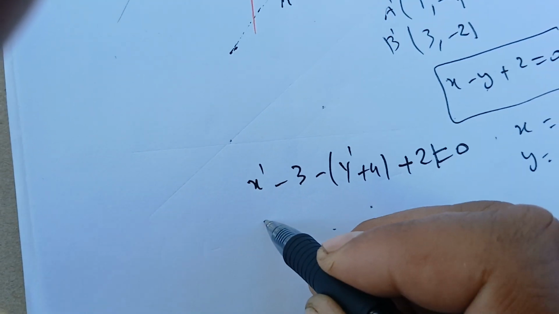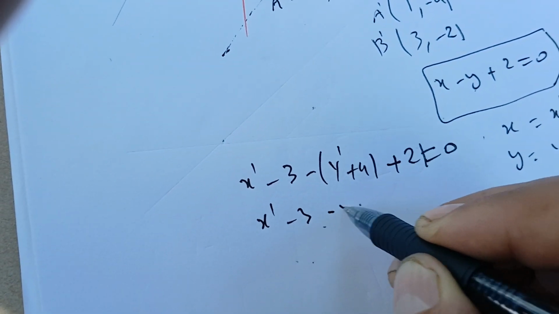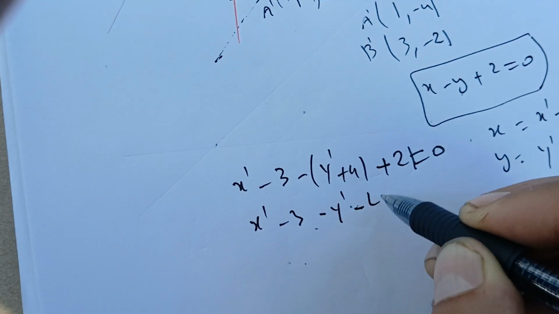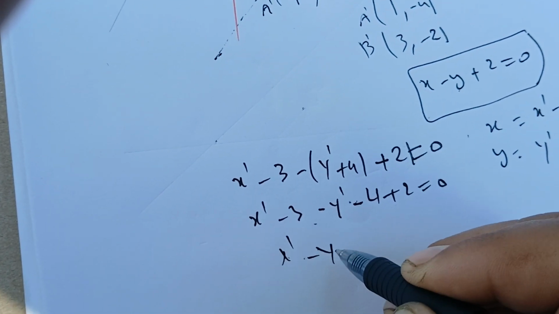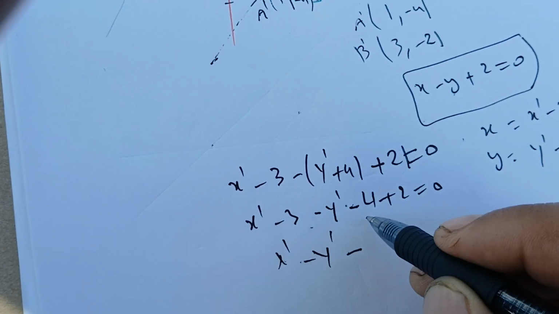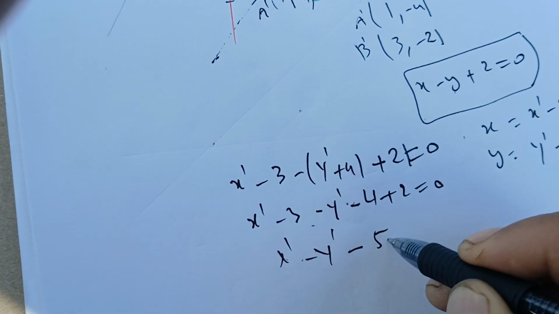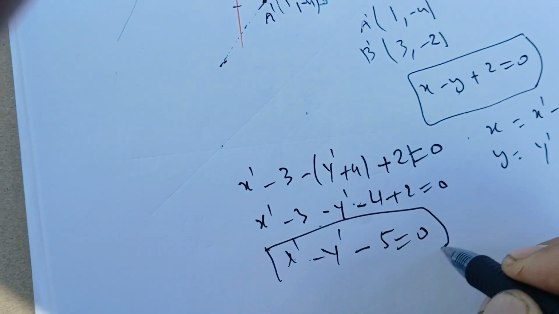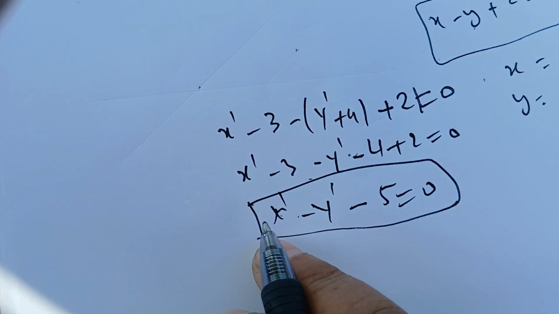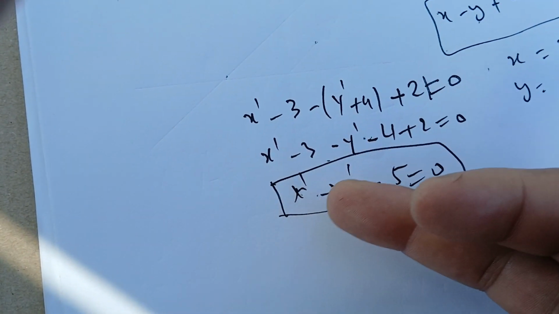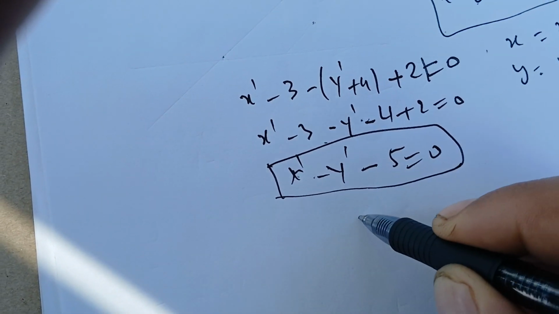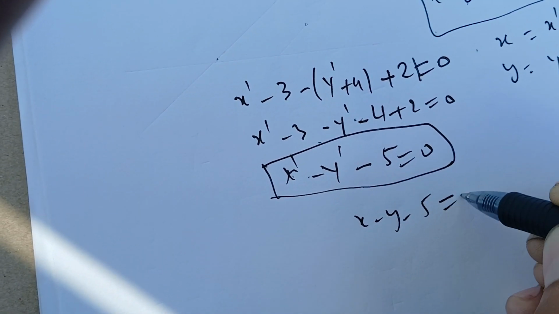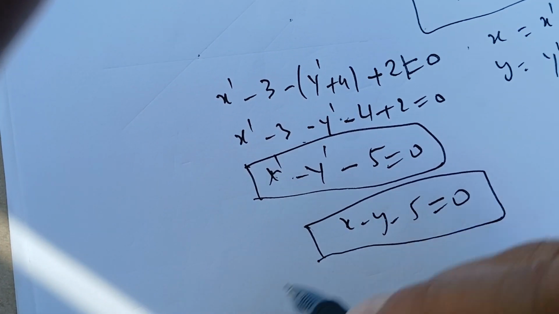So I have x prime minus 3 minus y prime minus 4 plus 2 equals 0. So I have x prime minus y prime, minus 3 minus 4 is minus 7, plus 2 is minus 5. So the equation of my new line is this one. Since x prime and y prime can be any, I can call this x minus y minus 5 equals 0. So this is the equation of my new line.